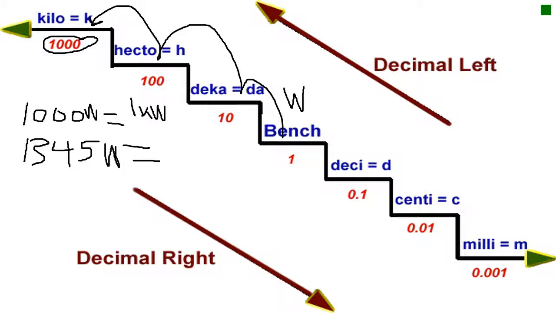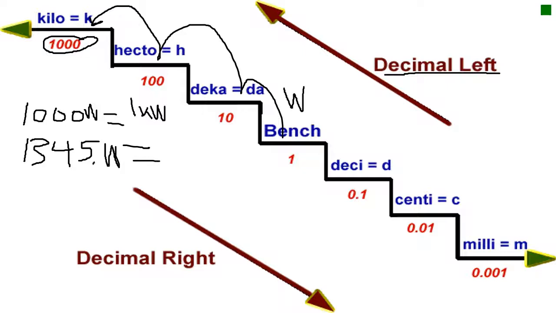If we're going from a smaller unit to a larger unit, then it makes sense that we have to take our decimal place to the left. And it tells you right there. If you're ever wondering which way to take your decimal place, you can quickly sketch this diagram out for yourself, and it'll tell you right there: decimal to the left.